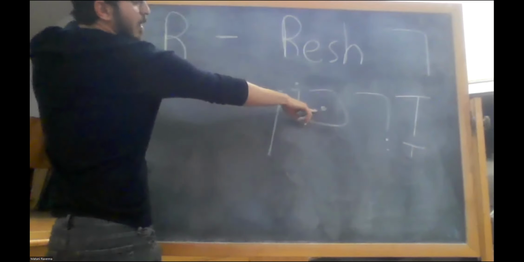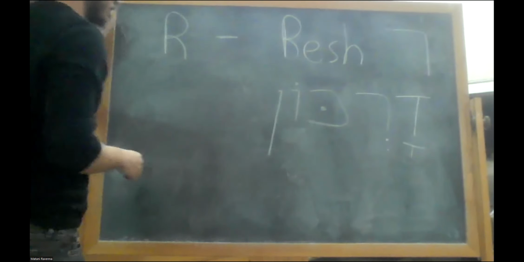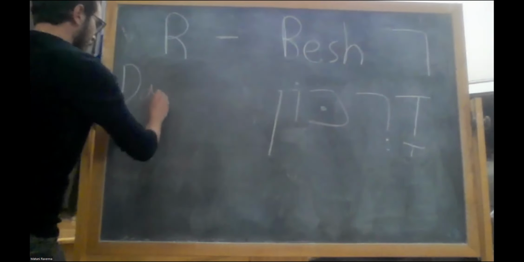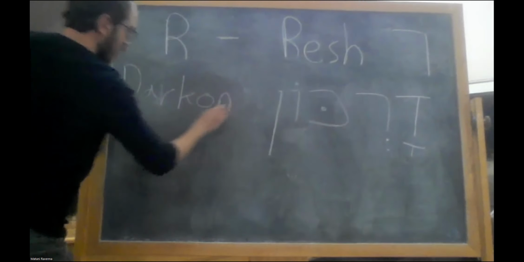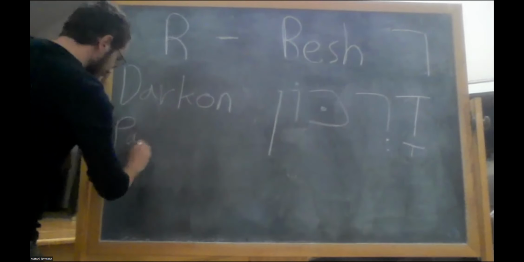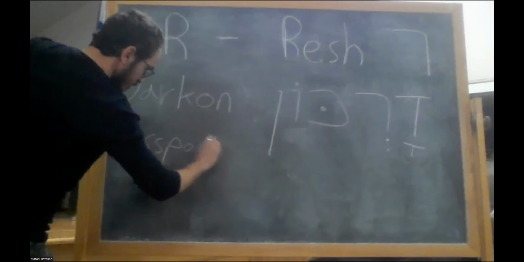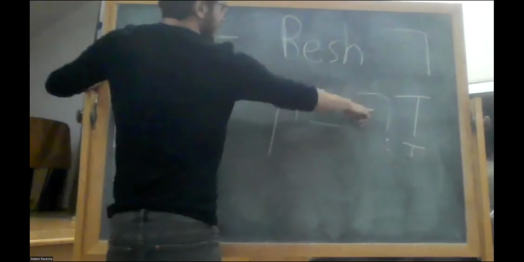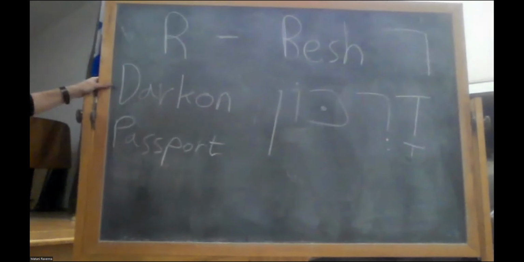We have our emphasized kaf, final noon, and this transliterates to darkon. Passport. Okay, so we have our resh here. It has a vowel. We'll talk about this vowel soon. A word to remember: passport, darkon.